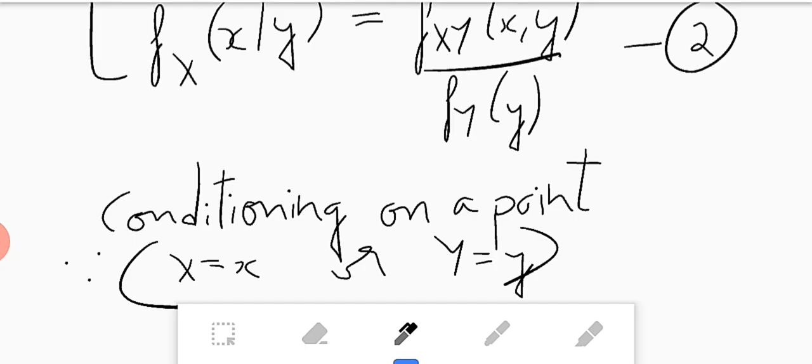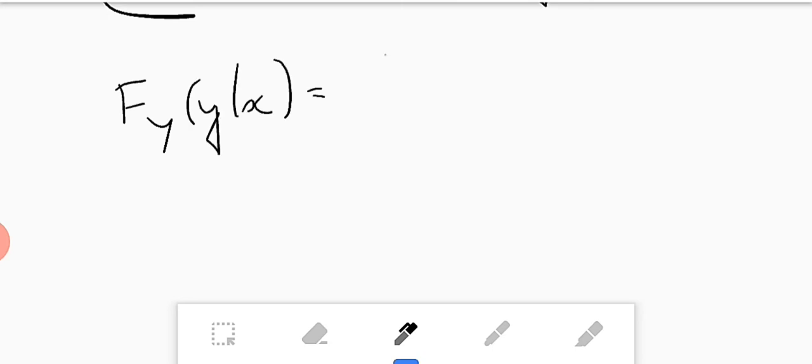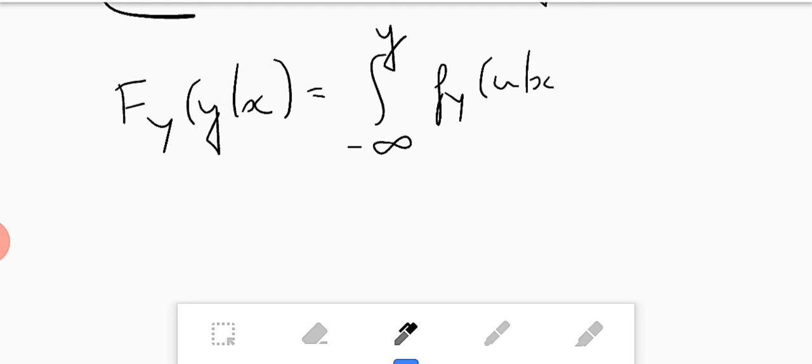Now let's find out the conditional CDFs for equations 1 and 2. We got the marginal conditional PDFs, now the CDFs. Getting CDFs is easy. Just like your normal CDF, from the PDF you integrate from minus infinity to y, and you will use your marginal conditional PDF, f of u given x, du.